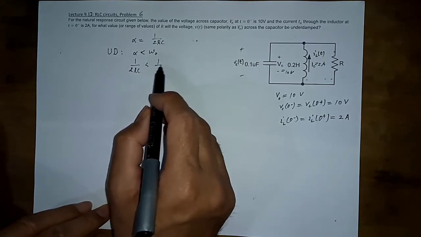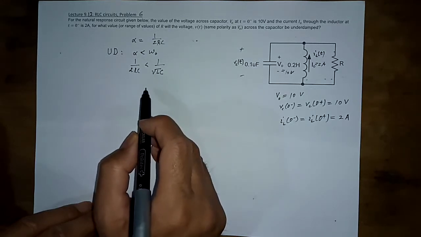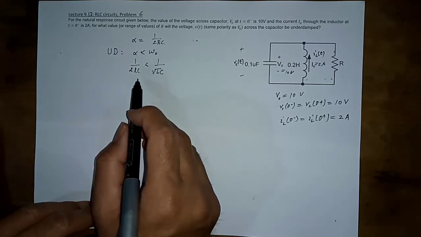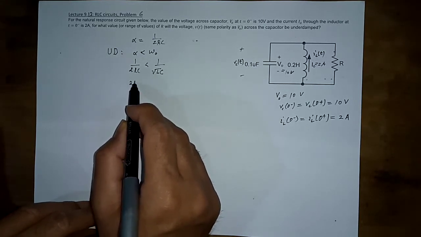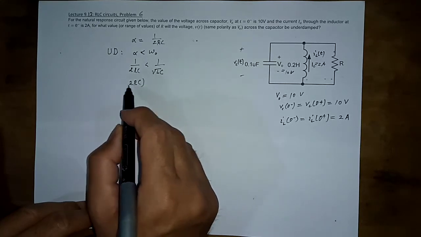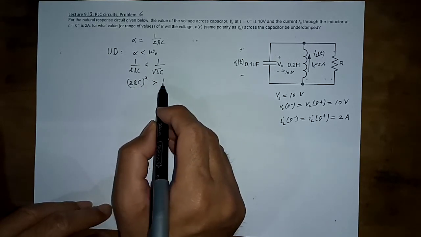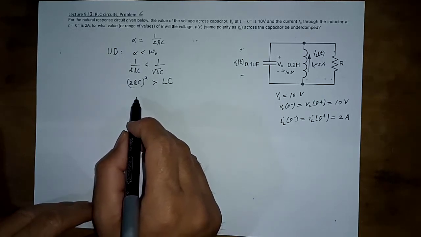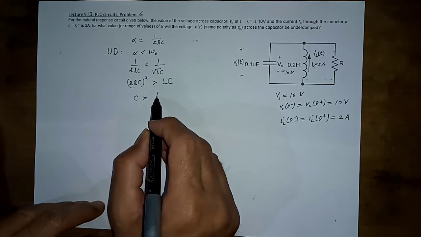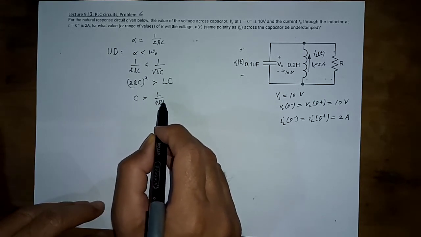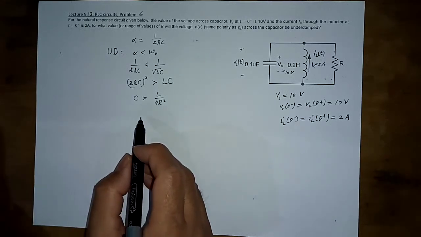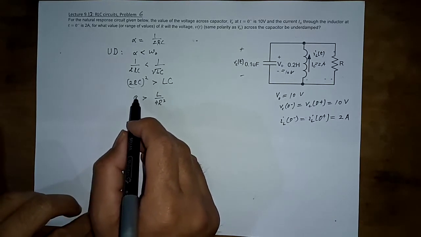This should be less than 1 over square root of LC, and (2RC) squared should be greater than LC, and we know that C should be greater than L over 4R squared. We have computed this earlier on. We need to find R.